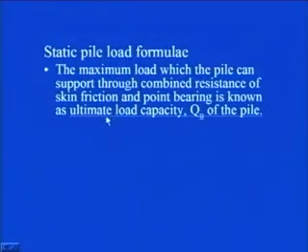The sum of these two, that is ultimate skin friction resistance and ultimate point load, gives you the maximum load which a pile can support through combined resistance of skin friction and point bearing, which is called the ultimate load capacity, or QU. It is notated by QU.